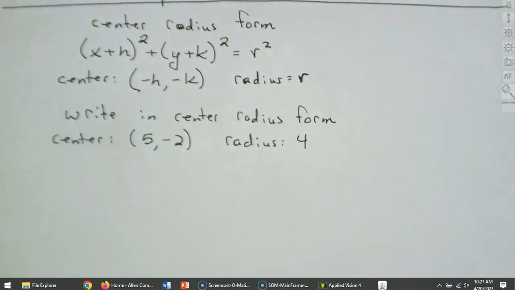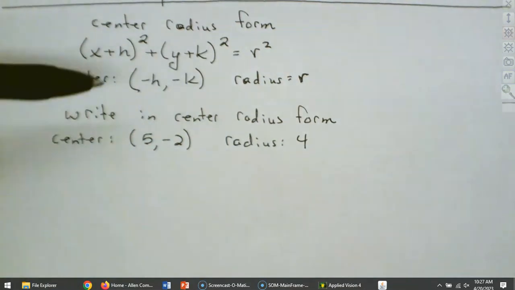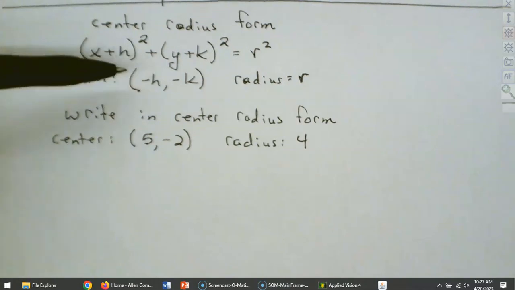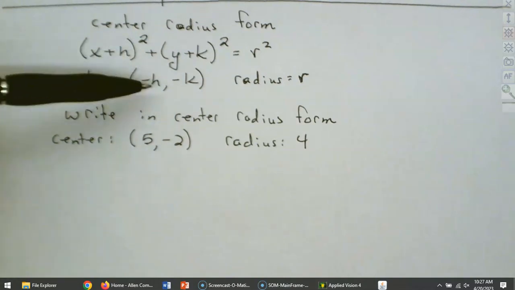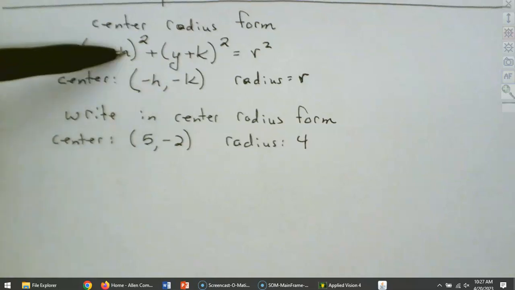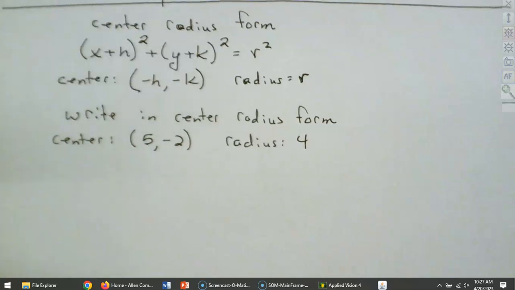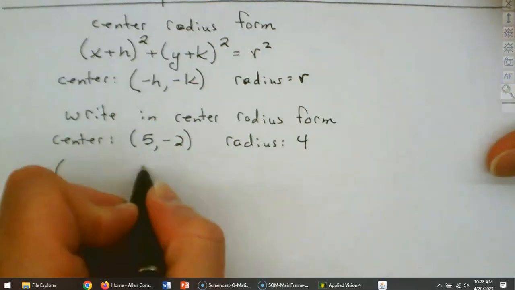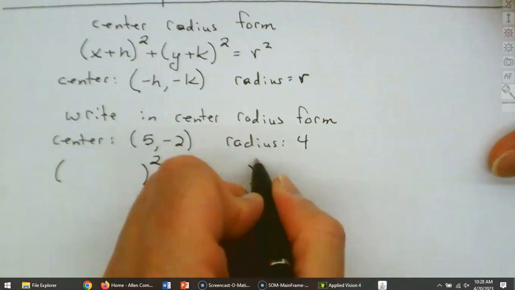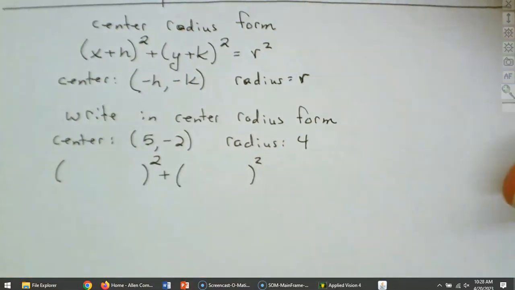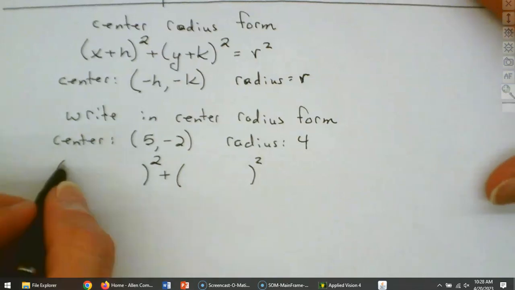Now, when we go from the center and the radius to the center radius form, the first thing we need to remember is the center. Look at the center. Minus, positive. Minus k, plus k. So whenever you go from the center radius form to the center of a circle, either way that you go, you always switch the signs.